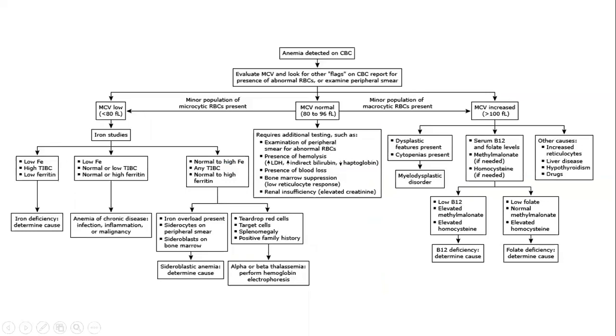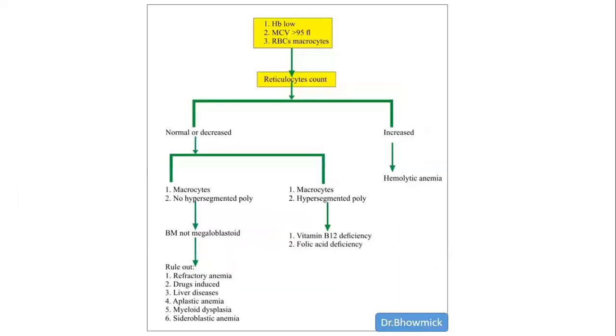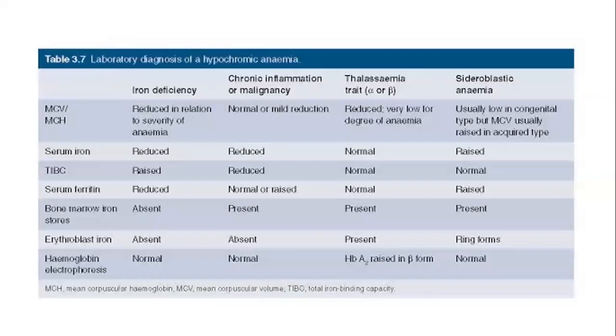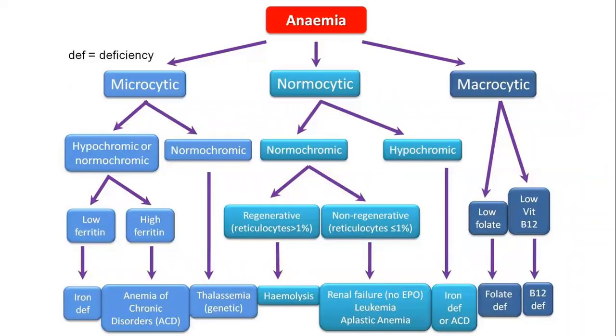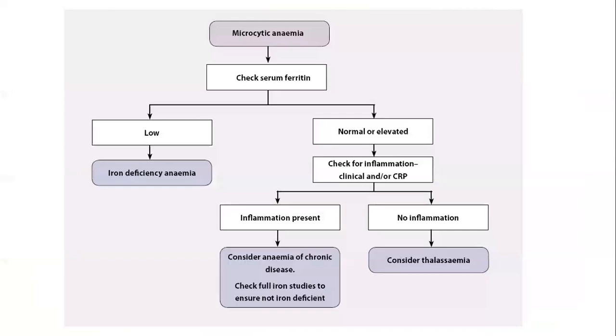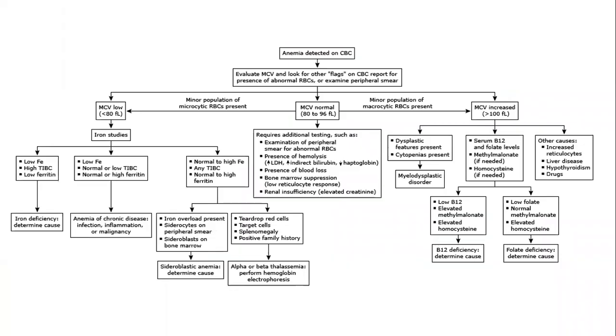Here, it is a little bit extra, but I want to read it because some of the students are very interested. They like to ask something more. So let me go here first. Anemia detected by CBC.